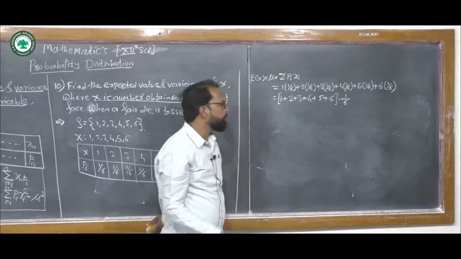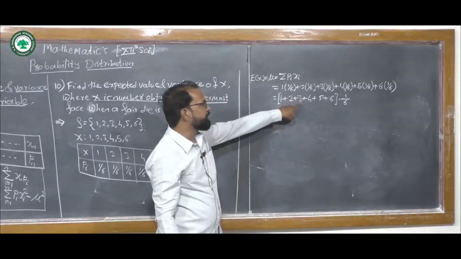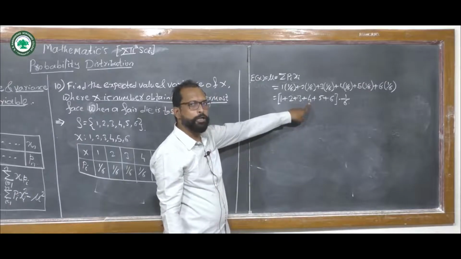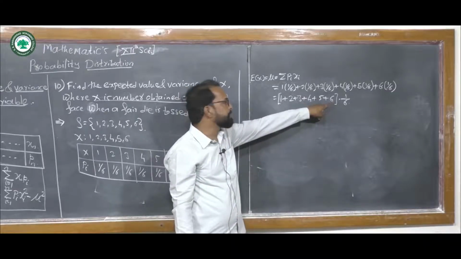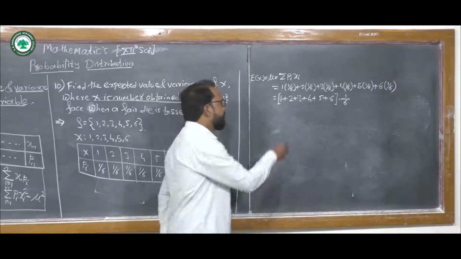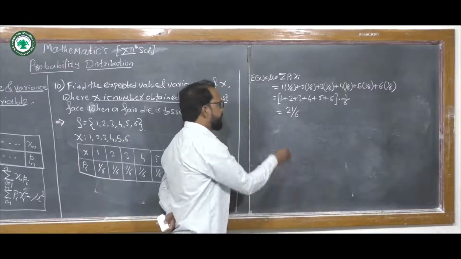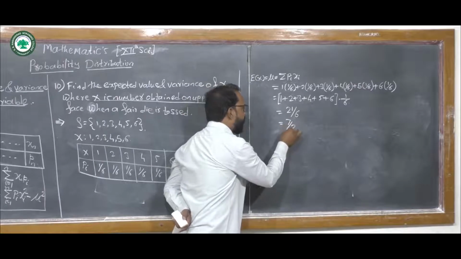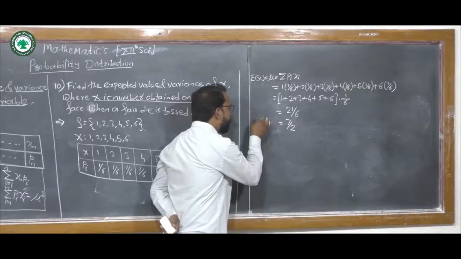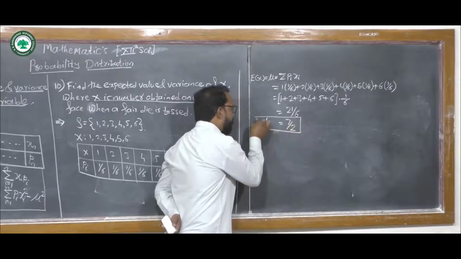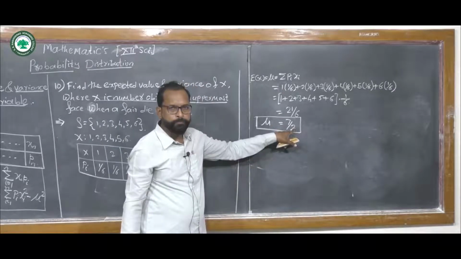Now take the addition: 1 plus 2 is 3, 3 plus 3 is 6, 6 plus 4 is 10, plus 5 is 15, and plus 6 is 21. So it becomes 21 upon 6, which after dividing by 3 can be written as 7 upon 2. So we get the expected value, or mu, equals 7 upon 2.